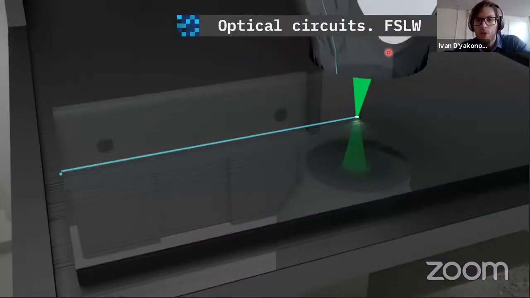Our own technology is way simpler. It's the well-known femtosecond laser written devices. The principle of operation is depicted on this slide. You have the laser beam, which impinges on a glass slab, and the glass slab is translated along the focal point of this exposure beam.